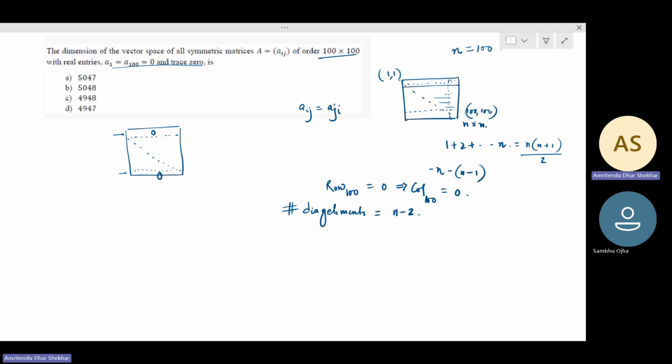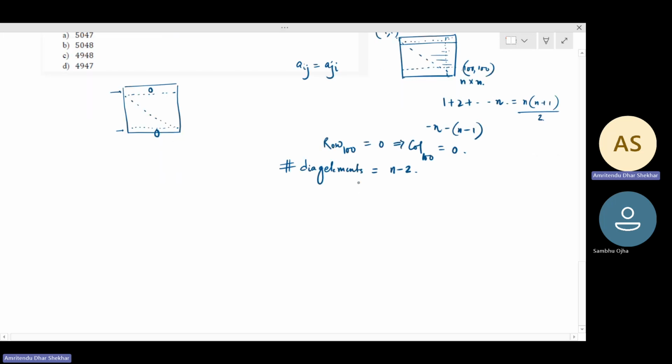So out of those n minus 2 choices, it is given that the trace is equal to 0, which means that what we can write is that the sum of ai, where i is from 2 to n minus 1, is equal to 0.